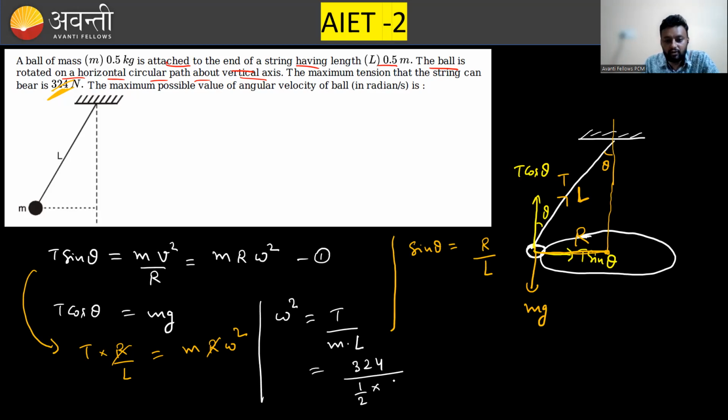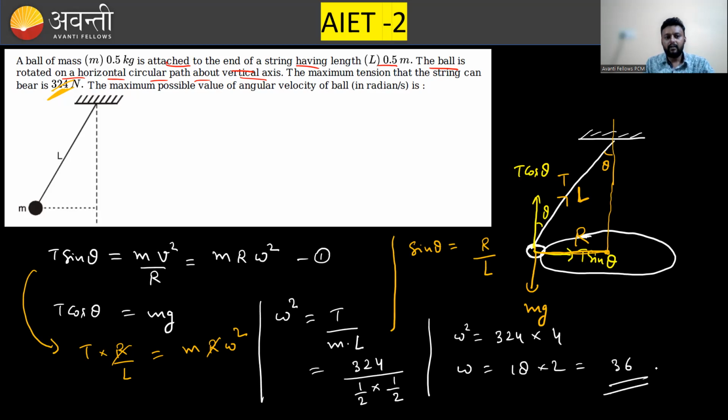This length is given as 0.5, which is 1 by 2. So omega square is nothing but 324 into 4. So omega is 18 into 2, that is 36. What is the angular velocity of the ball? That is 36 radian per second, which is the right answer.